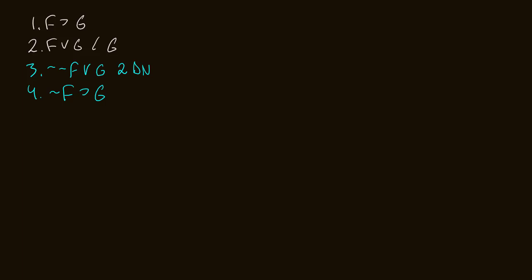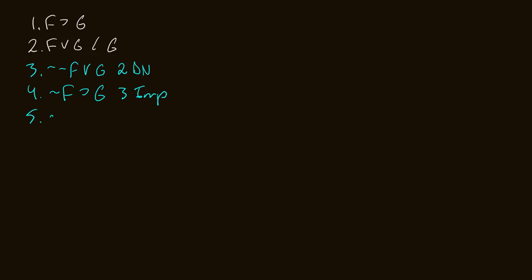So why is that going to help us? Well, first we're going to write 3 and then implication. And then for line 5, what I would like to do is flip it around. I want to get G on one side and F on the other. And we can do that using transposition. Transposition tells us that we can essentially negate both of these things and flip them around.